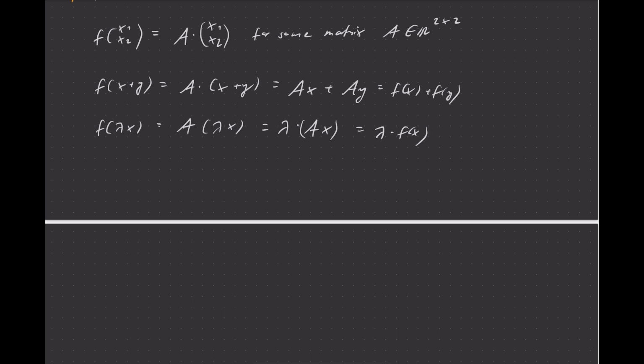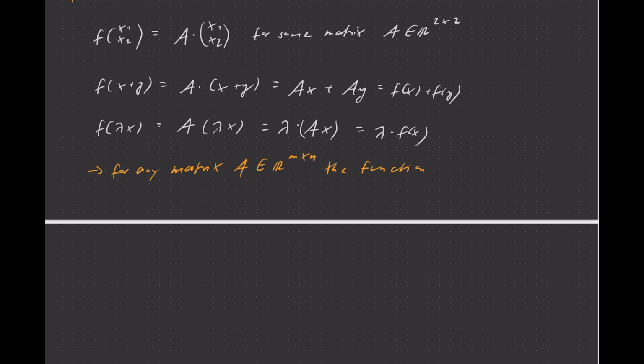And you will have noticed this works for every possible matrix. So that's not limited to R2 by 2 matrices. So every function defined in that form, f of x equals a matrix times x, is a linear function. So for any matrix A in R to the m by n, it doesn't have to be a square matrix. So m by n is fine.